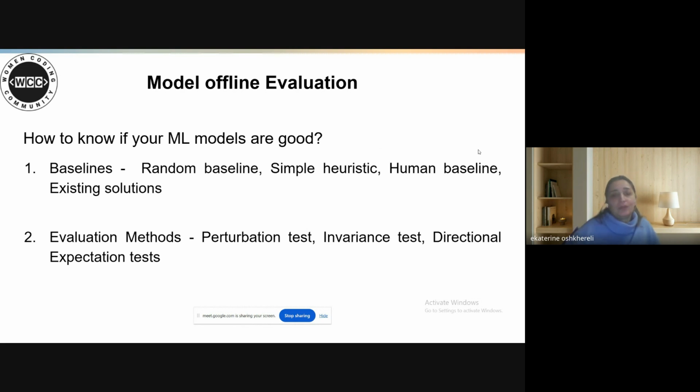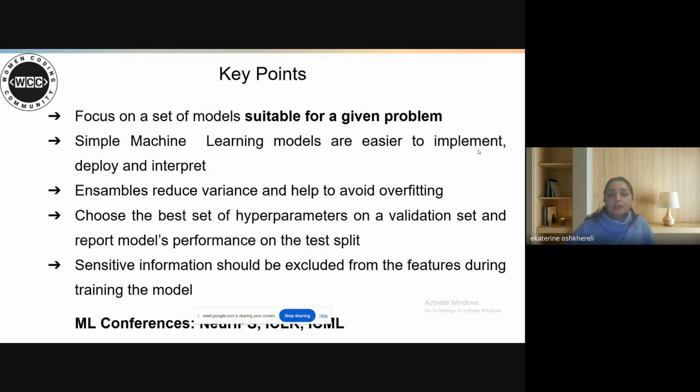Yes, the chapter also discusses some different offline evaluation methods, why machine learning should run some baseline methods, and evaluation methods like the permutation invariance test. So key points from the chapter: we have to focus on a set of models which is suitable for our given problem, and simple machine learning models are easier to implement, deploy, and interpret. Ensembles reduce the variance and help to avoid overfitting.